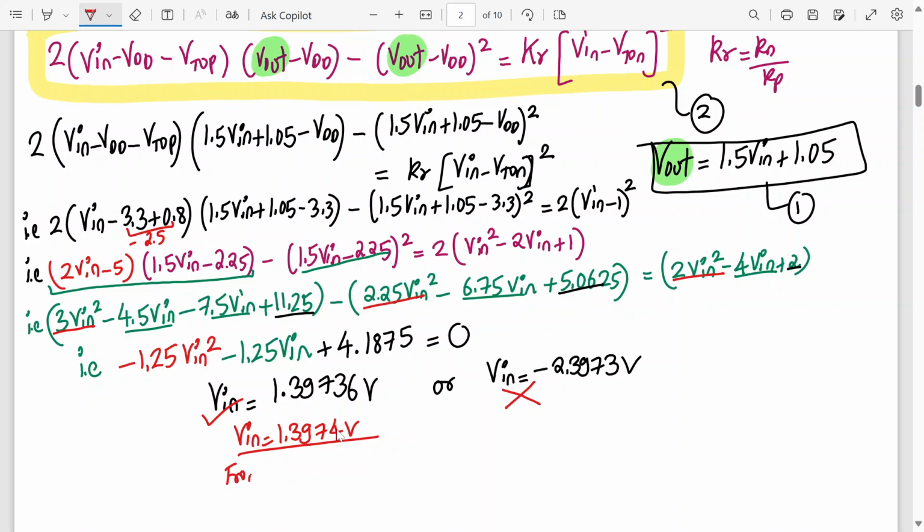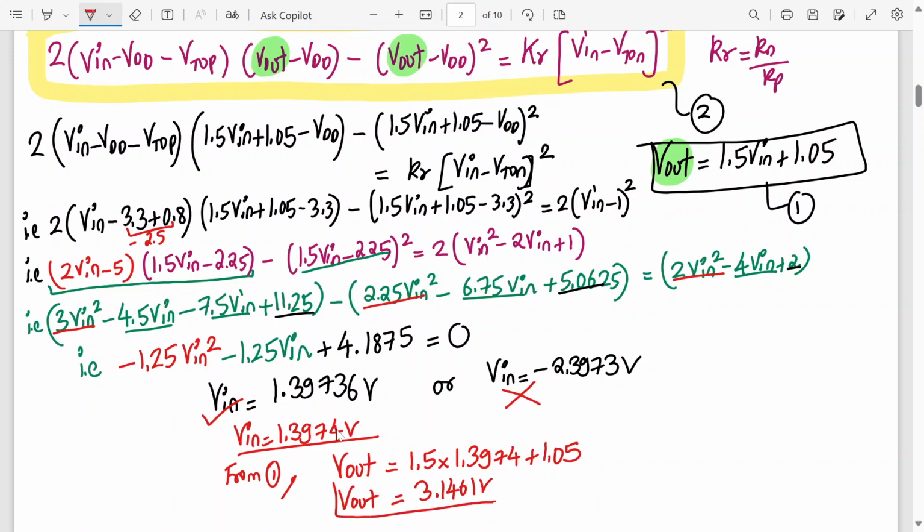Okay, now substitute this V in equation number 1. So we can say from 1, V out is equal to 1.5 times V in, that is 1.3974 plus 1.05. So how much is V out now? Calculate 1.5 into 1.3974 plus 1.05. How much is it? 3.1461. Perfect.